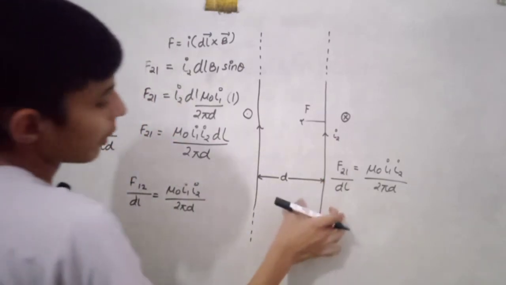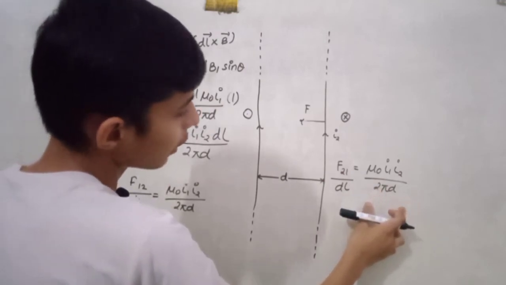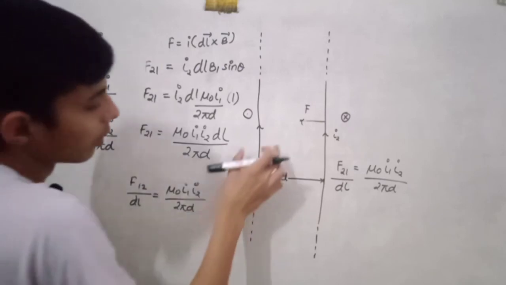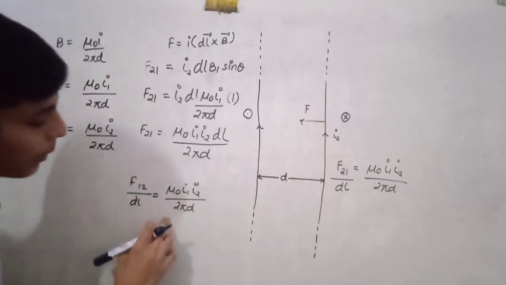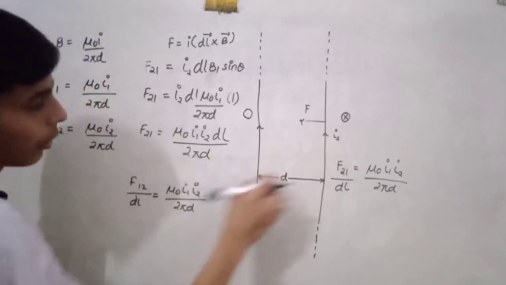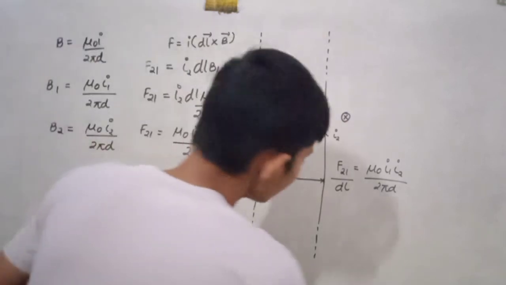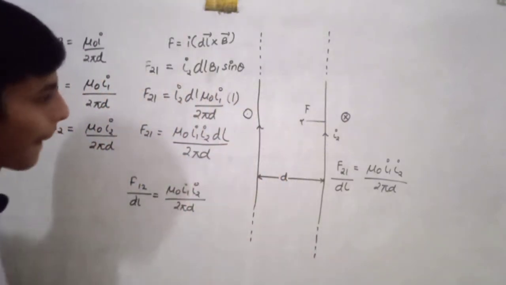So wire 2 exerts a force of magnitude mu naught I1 I2 divided by 2 pi d on wire 1, and wire 1 also exerts a force of magnitude mu naught I1 I2 divided by 2 pi d on wire 2.